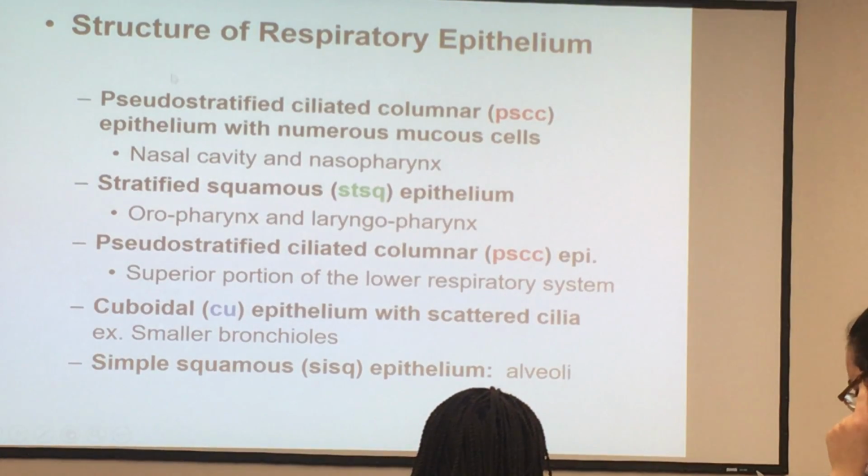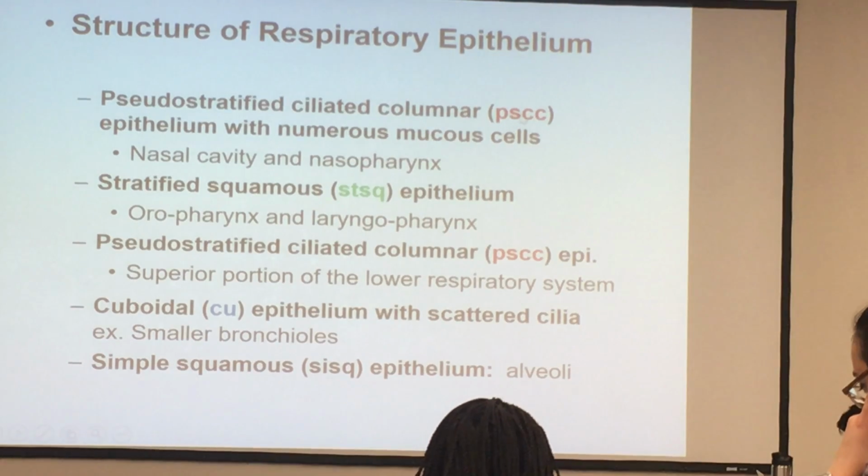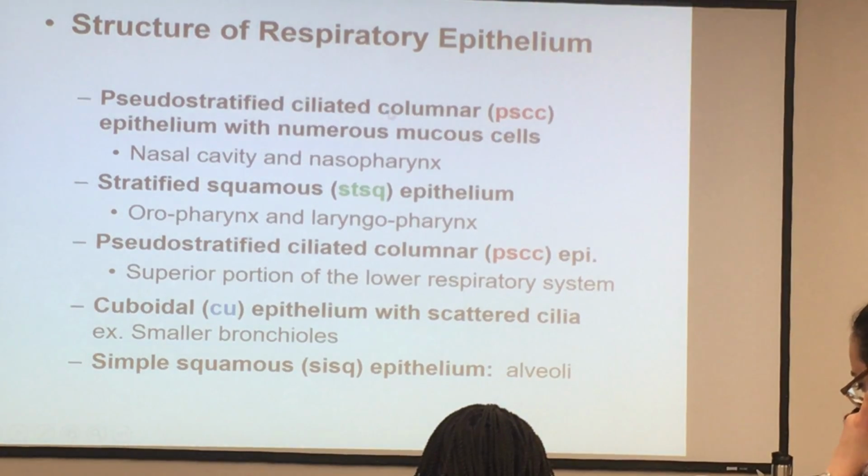I'll give you a little bit of review of all the airway, starting from the nasal cavity above the soft palate, the nasopharynx. They're all PSCC, pseudostratified ciliated columnar. And then through the mouth area, we have the oropharynx and laryngopharynx shared with food, and that changes to stratified squamous.